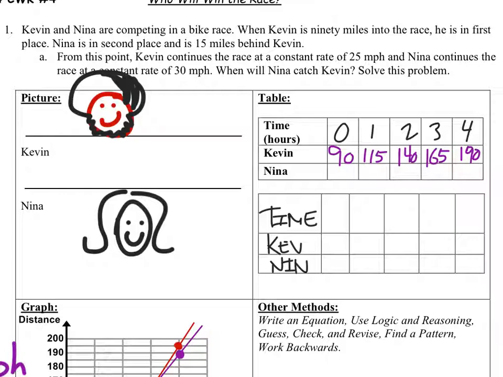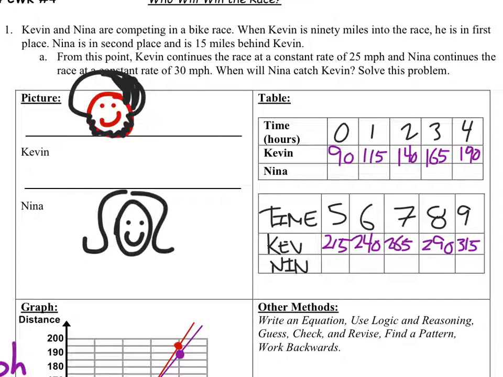Plus 25, oh, this would be 5 hours, by the way. 5, 6, 7, 8, and 9. Okay. Well, plus 25, that puts us at 215. Then 240, 265, 290, 315. Bam, there we go.